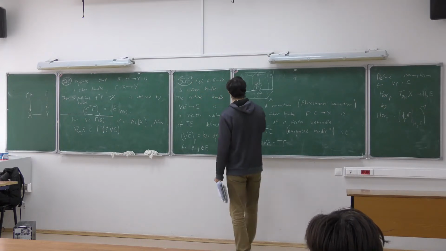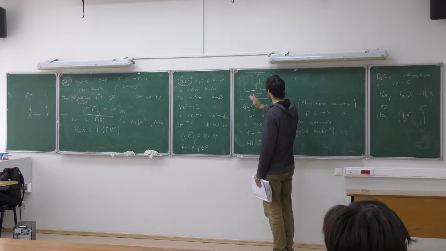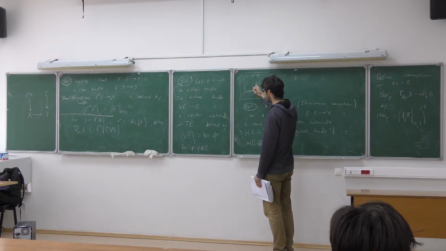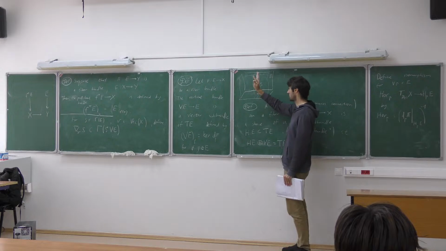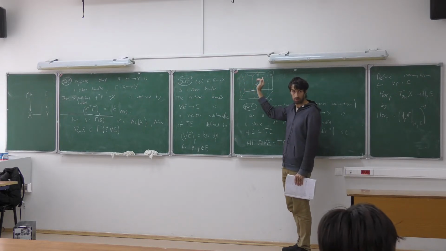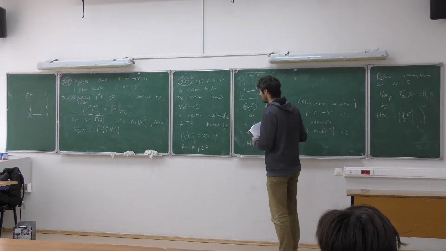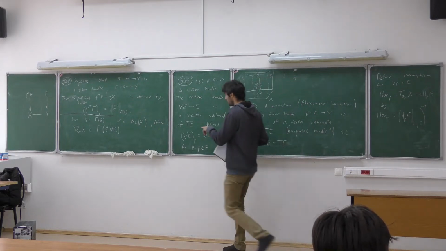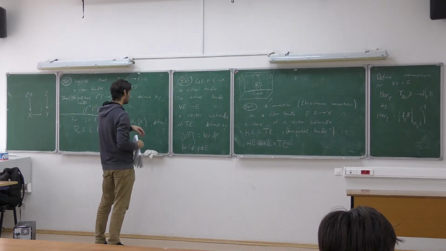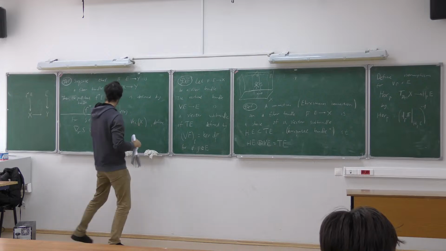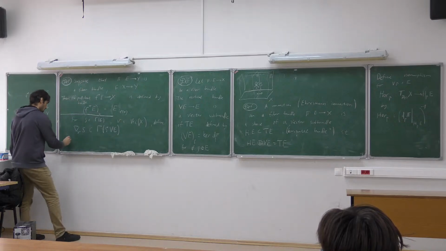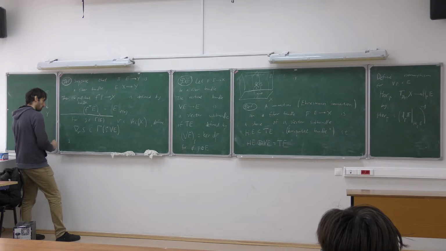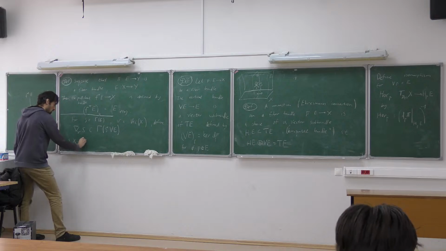VE is the vector bundle over E where, at each point of E, I just take the tangent space to the fiber. Where should S star of VE live? S is a map from X to E.